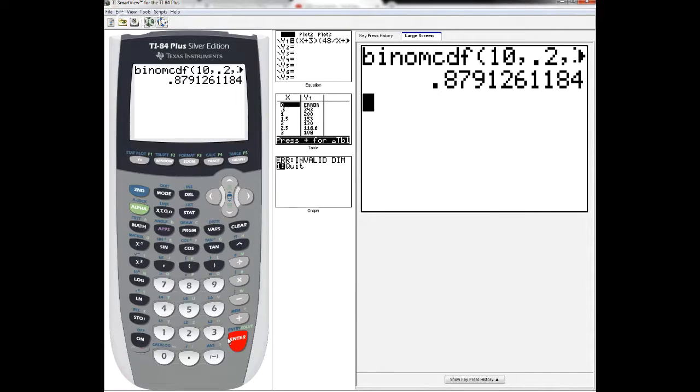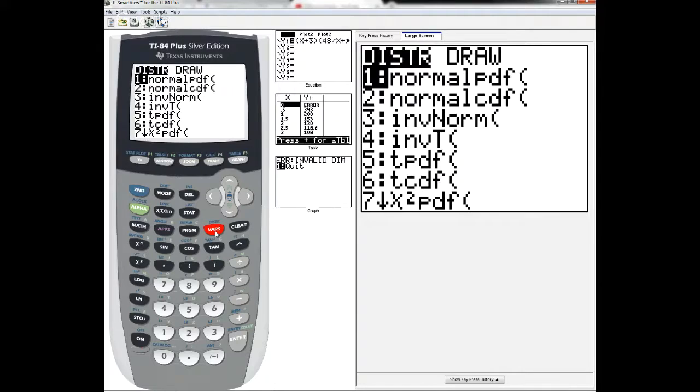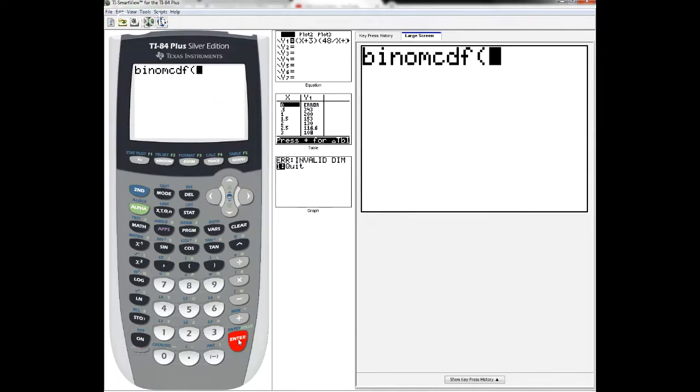A huge element to the binomial CDF feature is it only does less than calculations. Okay? So let's say you have to get 6 questions right to pass. Okay, let's say that's the case. And we want to calculate the probability that you'll pass the quiz by guessing. Okay, that is a calculation for the binomial CDF feature.